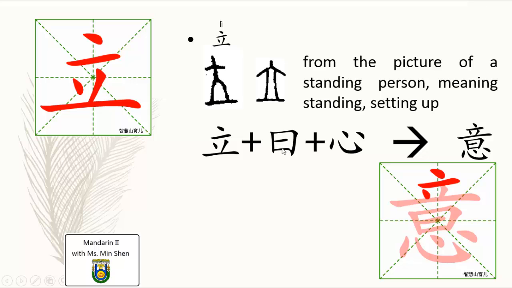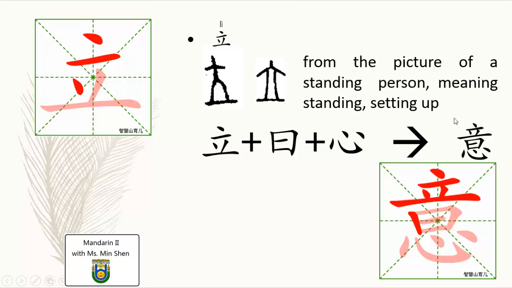This is called 约. 日 is slimmer, and this is more flattened. So this is 约. 约 means say. So what's the mentality you want to say in your heart? And we set it up. The language you speak in your heart, and you set up the language.